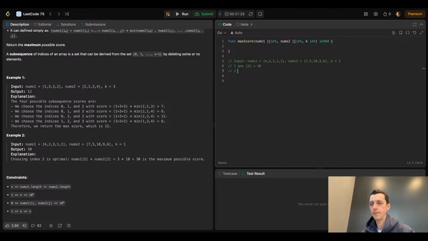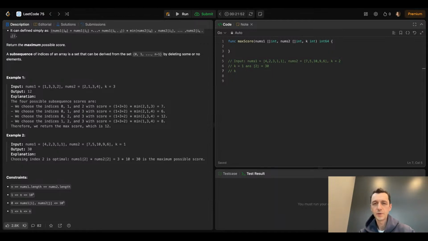Find the one that has, let's say, maximum at nums2. For k equals 1, the answer is this.